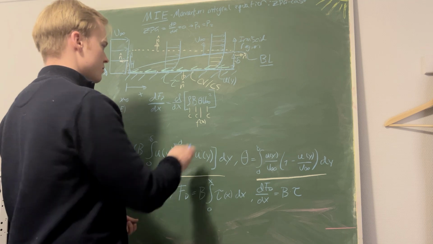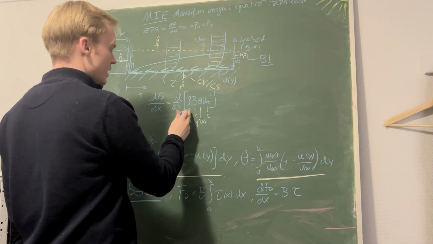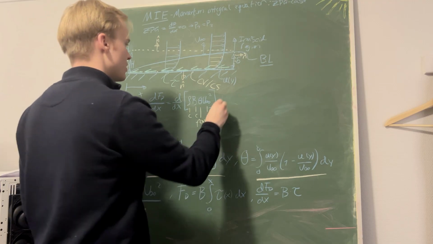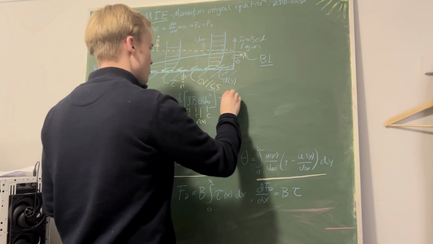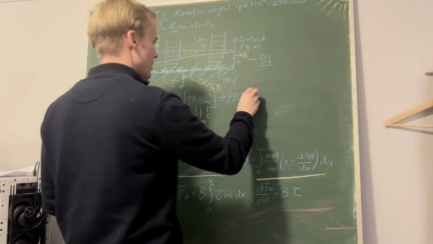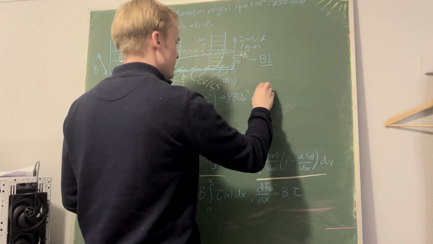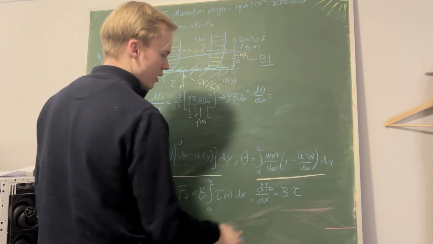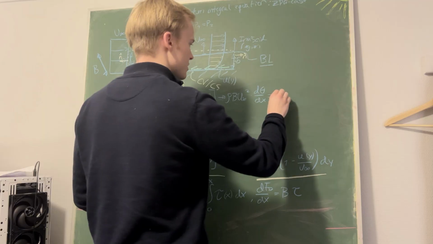Then if we take rho b u infinity squared out of the derivative, we get rho b u infinity squared times d theta/dx is equal to b times the shear stress.